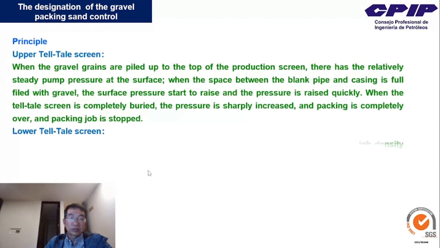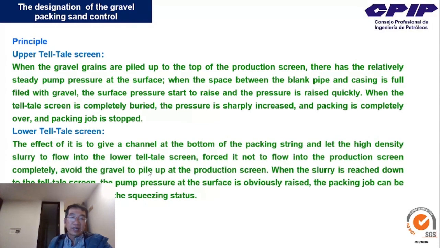The lower screen. The effect of it is to give a channel at the bottom of the packing screen and let the high density slurry flow into the lower telltale screen, forcing it not to flow into the production screen completely.